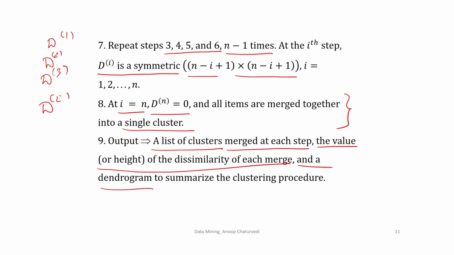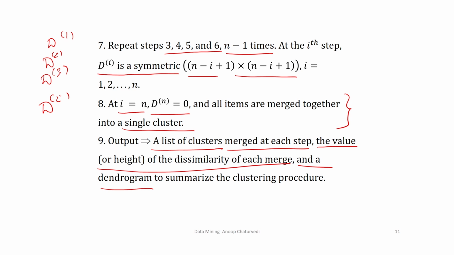So, at each step you are merging the clusters and then there is a particular value of the dissimilarity or height of the dendrogram at which the merger occurs.